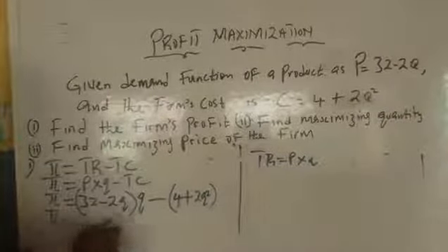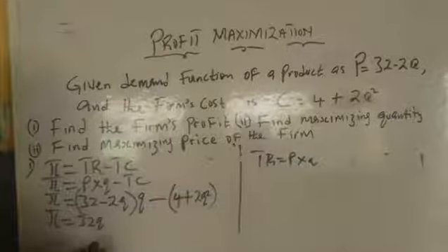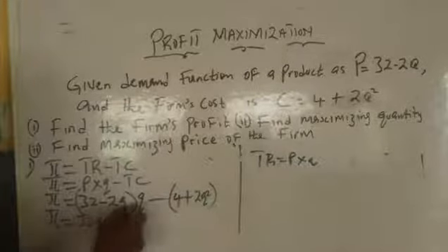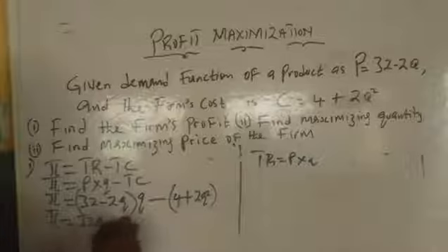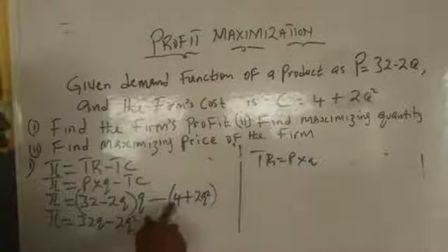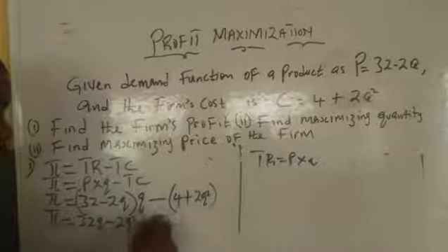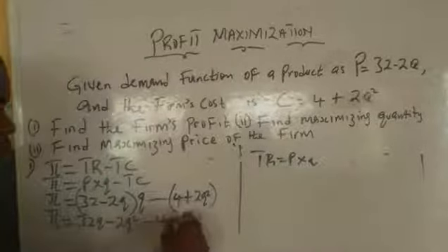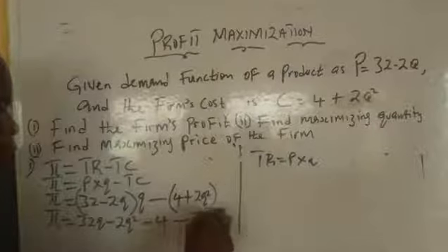Our profit will now give us Q times 32, which is 32Q, then Q times minus 2Q gives us minus 2Q squared. Then we use this minus to open the bracket: minus times plus 4 gives minus 4, and minus times plus 2Q squared gives minus 2Q squared.